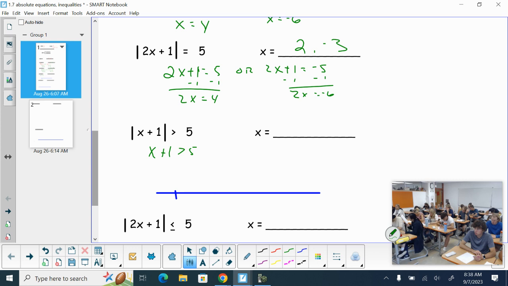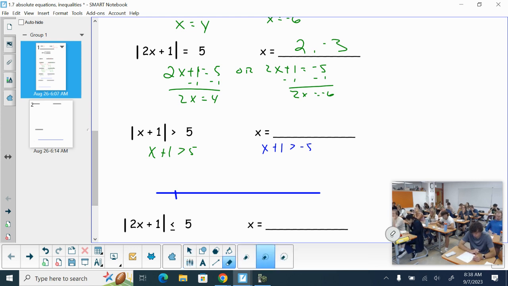Well, in our second equation, we dropped our absolute value signs and made this its negative. But we start running into a problem with dropping our absolute value signs and just rewriting this as negative. So just rewriting this as x plus 1 is greater than negative 5 is not going to work for us. So what we have to do is go back into our definition again.